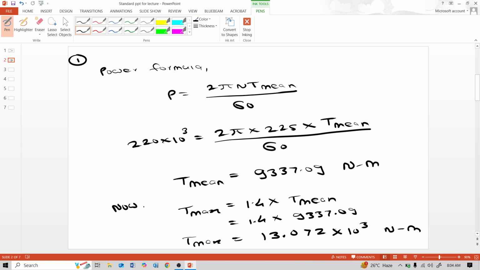And this T max in Newton mm is 13.072 into 10 raised to 6 Newton mm.